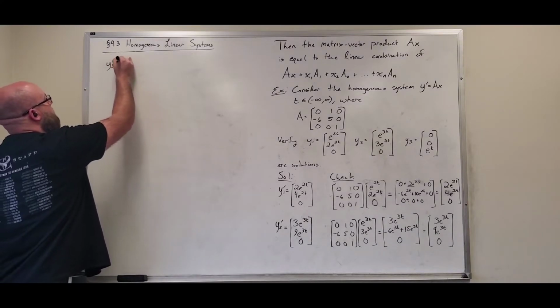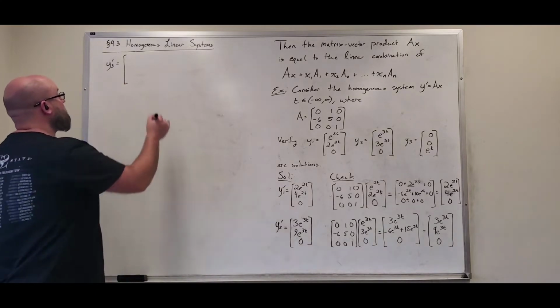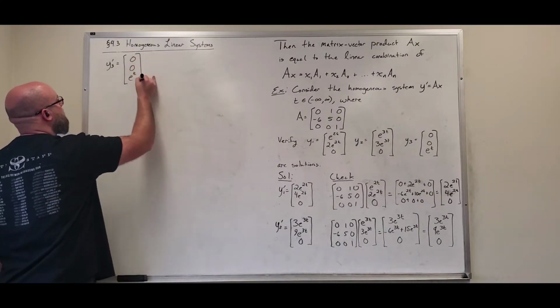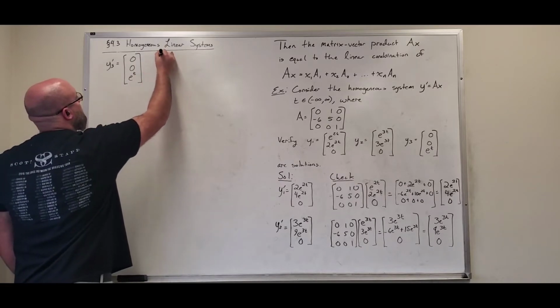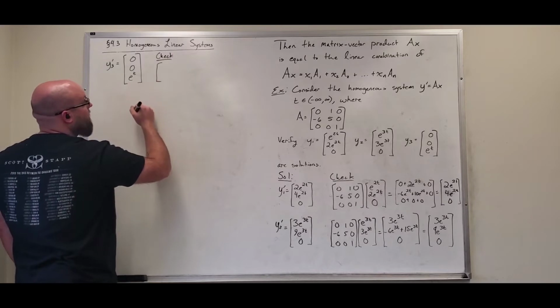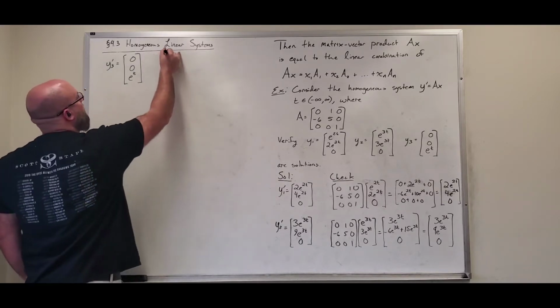y3 prime is equal to, well, let's take the derivative. Well, that's easy. 0, 0, and then e to the t. All right, so our check here, we're already kind of listed in that format.